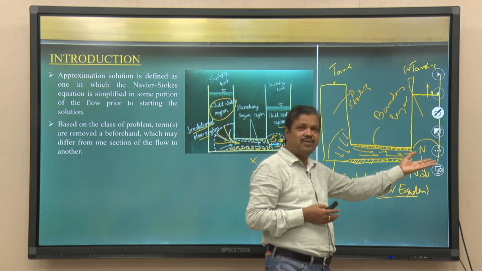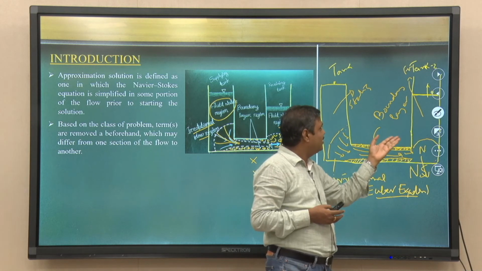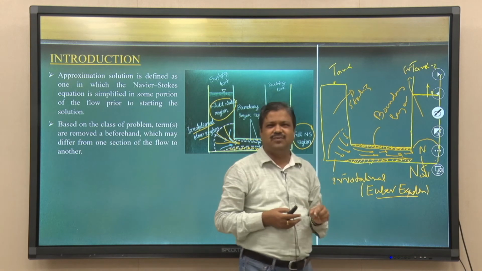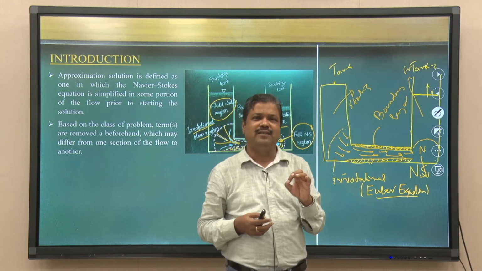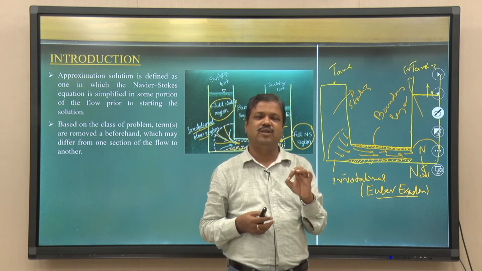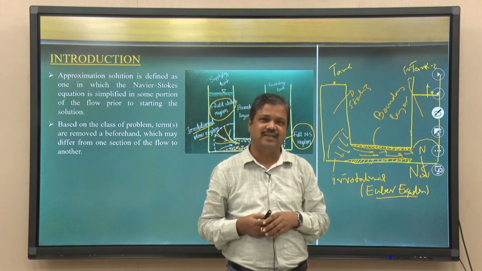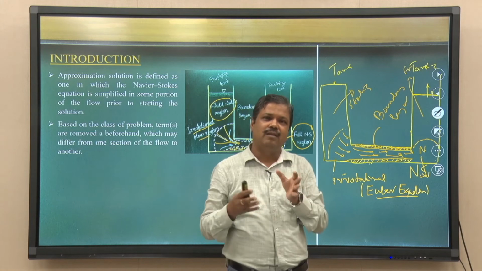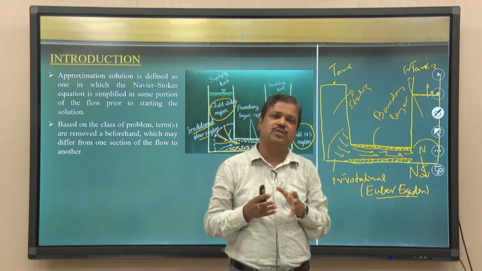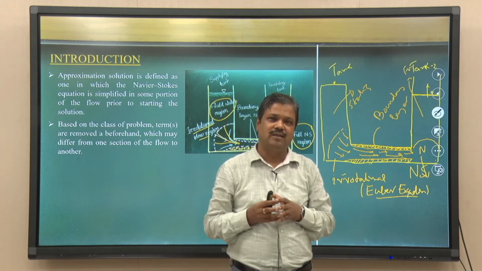We can solve these problems. And the other one is the boundary layers, a very thin layer near the boundary. You will have viscosity dominance as well as vorticity. How can we approximate that, which will be a form of solution of the Navier-Stokes equations.